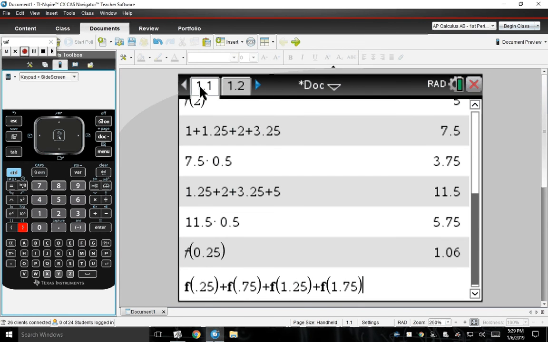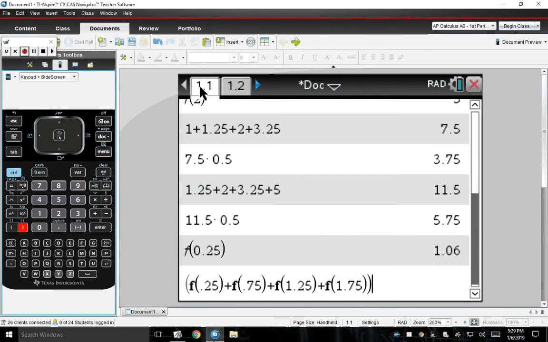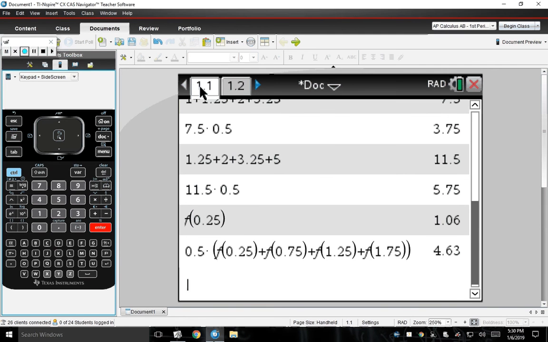Now we know this is all going to be GCF'd out, so some of you will do this all in one shot. You're going to do 0.5, not 0.25, times all of that sum, and yes, it is all in parentheses, to get 4.6.